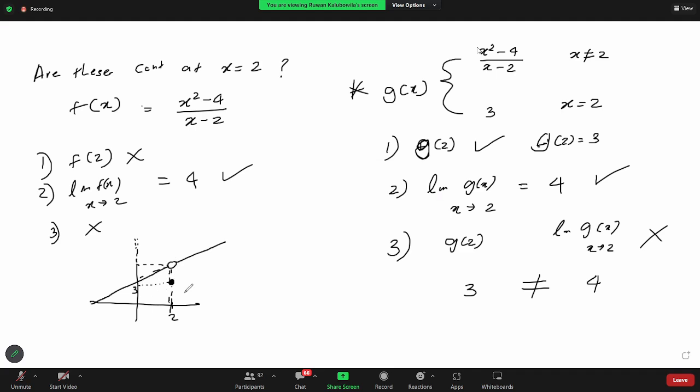This is 3, right? When you draw the function, at x equal to 2 there is a value. When x approaches 2, there is a limit, but these two are not equal. That's the idea, right? So this one is not continuous at the point x equal to 2.